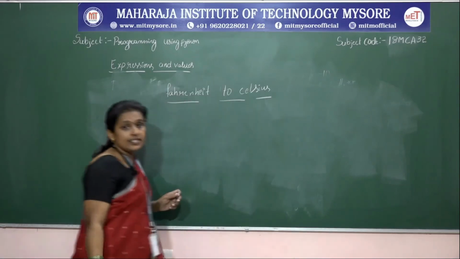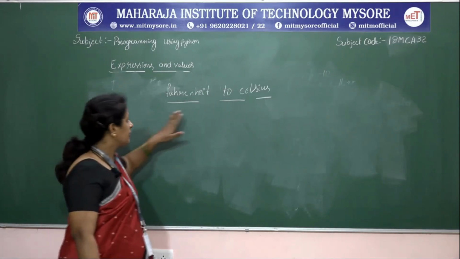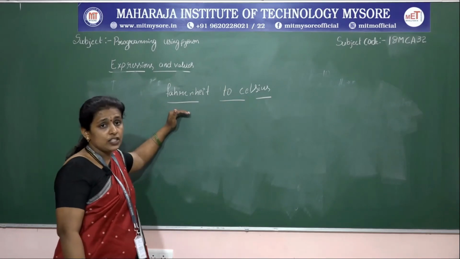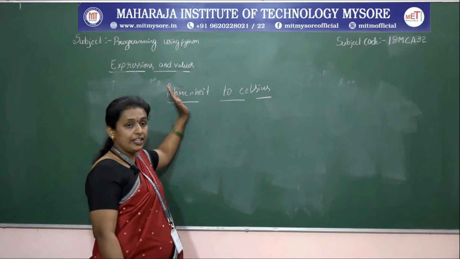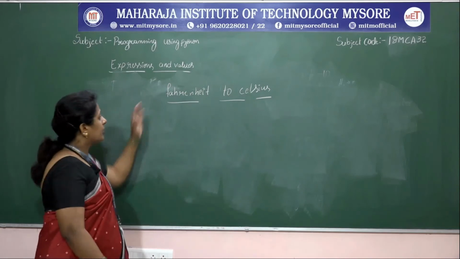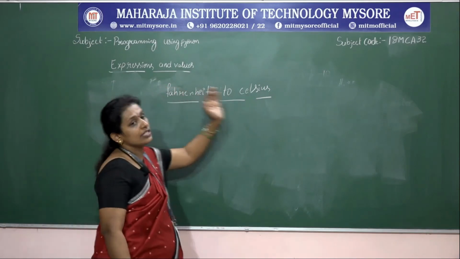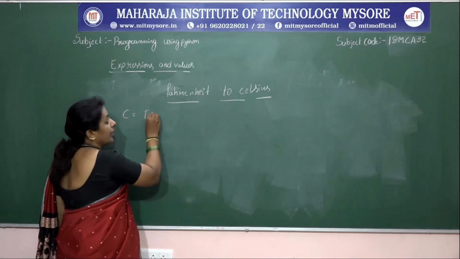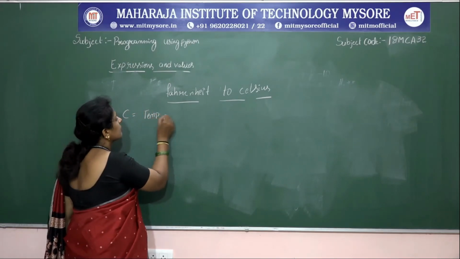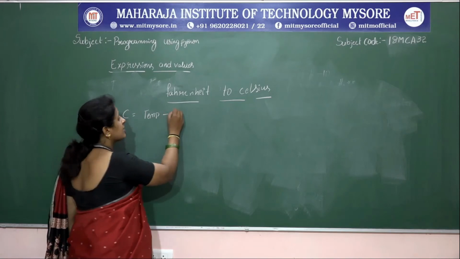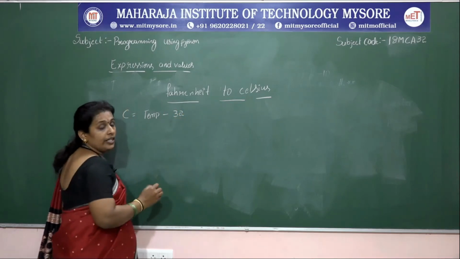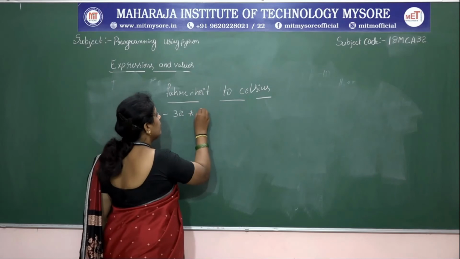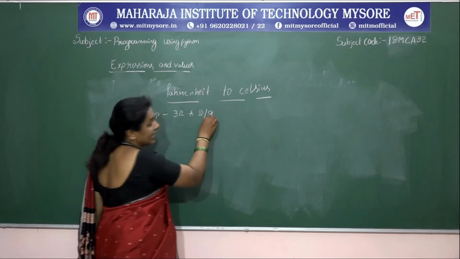Let us consider an example. I need to convert a given temperature from Fahrenheit to Celsius. To convert from Fahrenheit to Celsius, we have a formula: C equals temperature minus 32, then multiplied by 5 divided by 9.